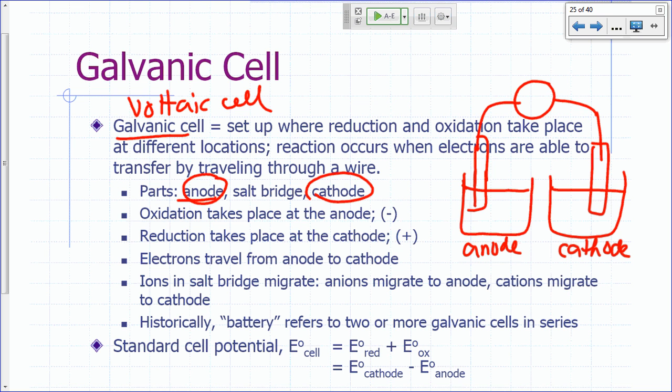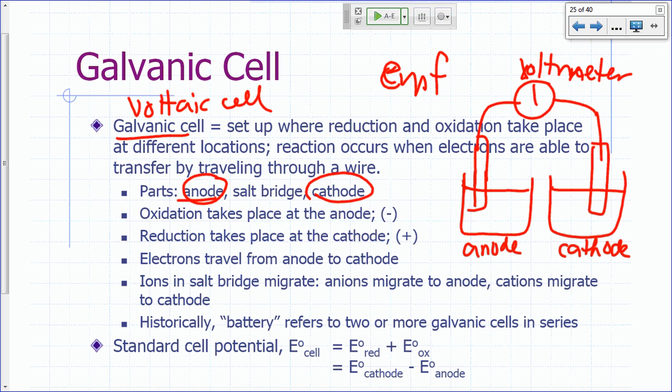A voltmeter would tell you the cell potential, also known as the EMF, or electromotive force. That gives you a measure of the tendency of the electrons to flow through the wire.